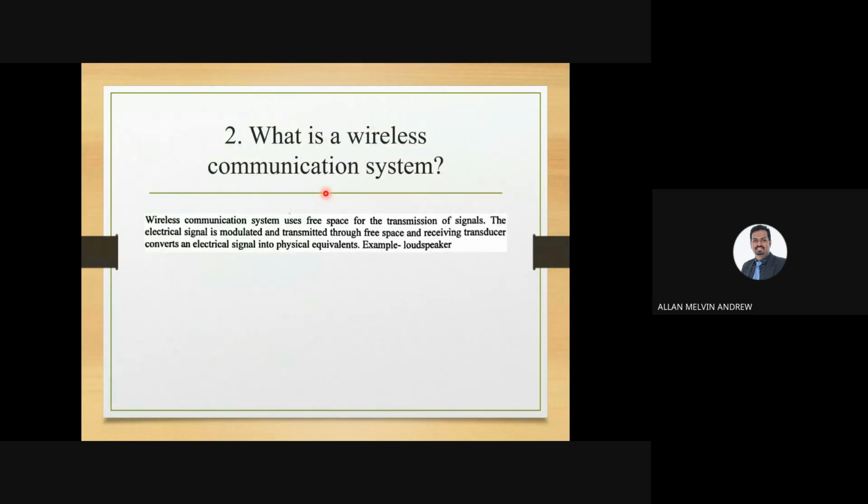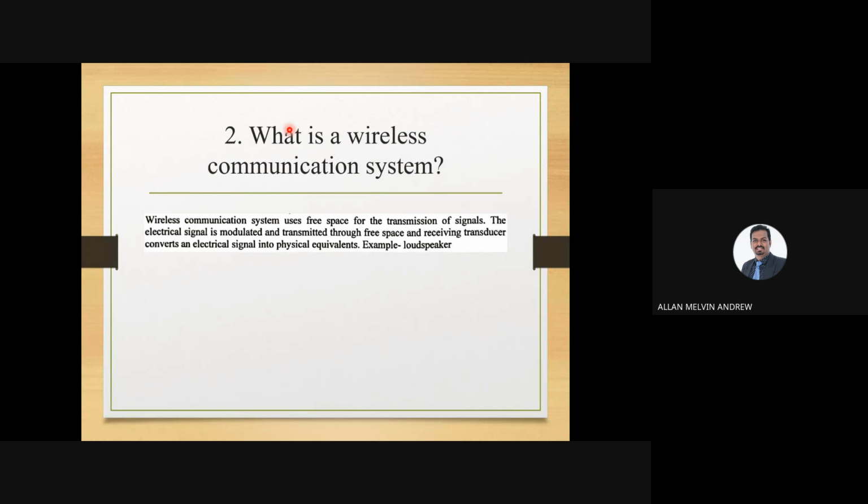The second question is another basic question: what is a wireless communication system? The question says, what is the meaning? You need to explain how the wireless communication system functions, how you can define it. So "what is" is a very general question, and you can explain a lot of things.